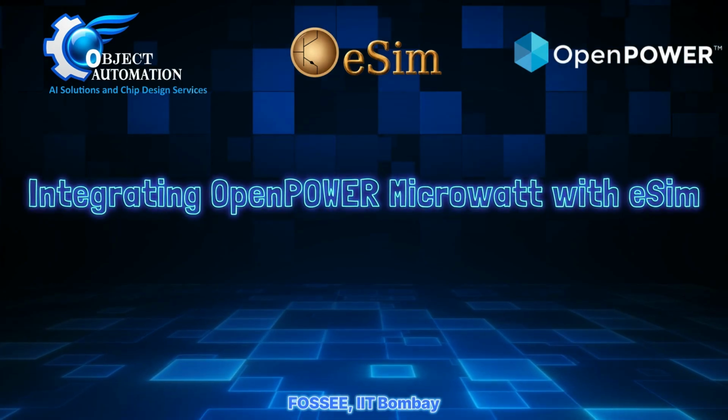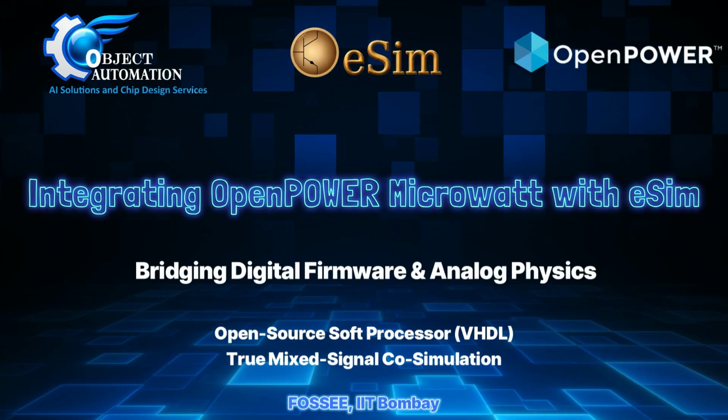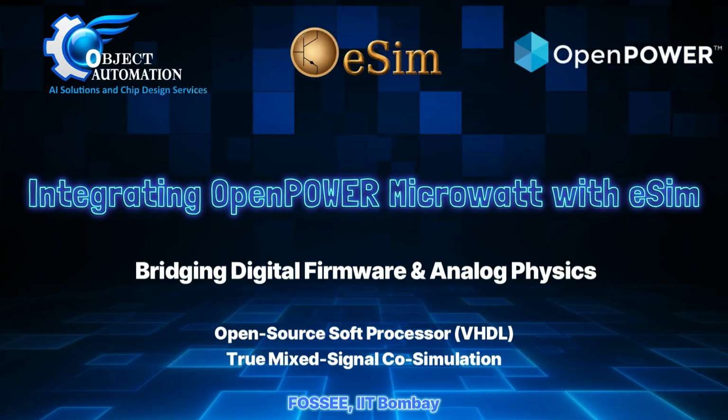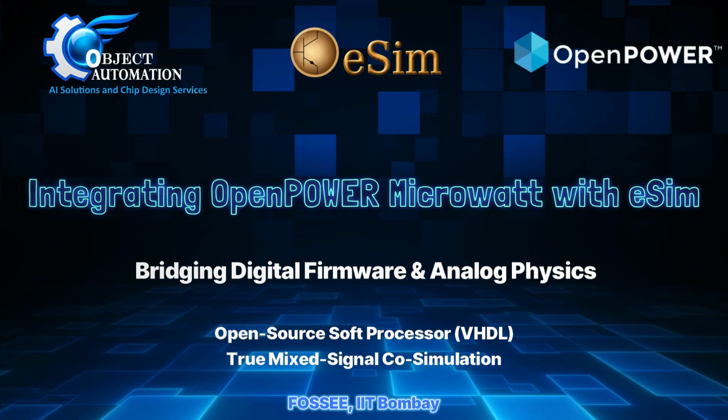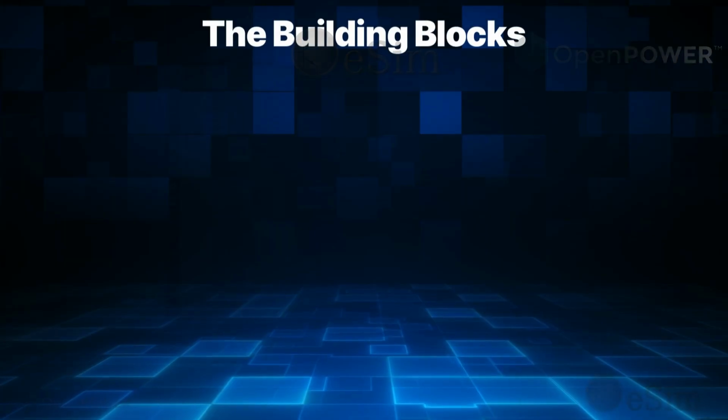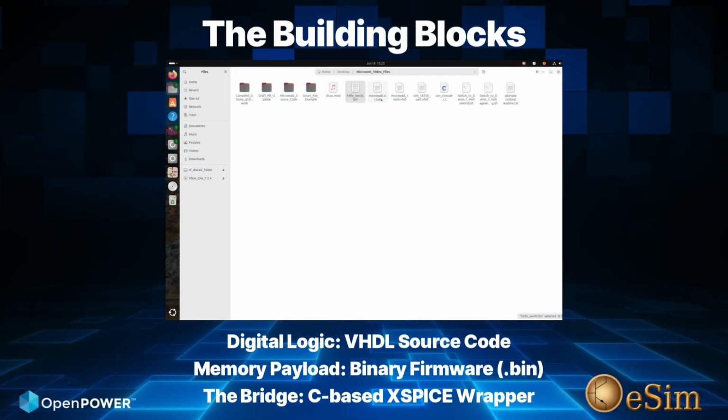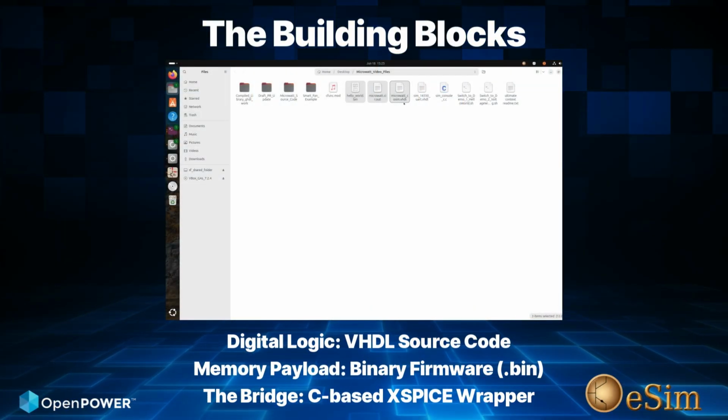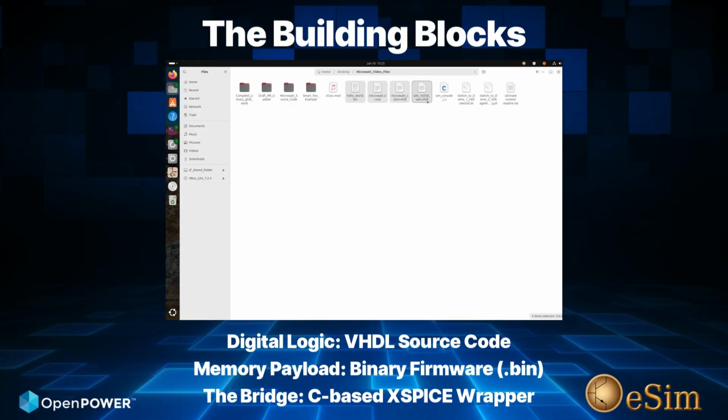Welcome. Today we are demonstrating a massive milestone in open-source hardware simulation, integrating an OpenPOWER microwatt soft processor directly into eSim. It starts with our core building blocks, the microwatt VHDL source code, and our compiled C firmware.